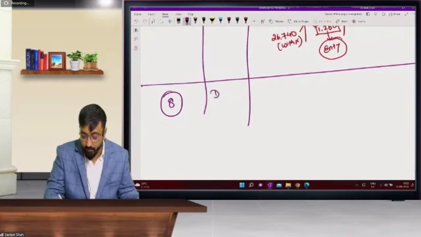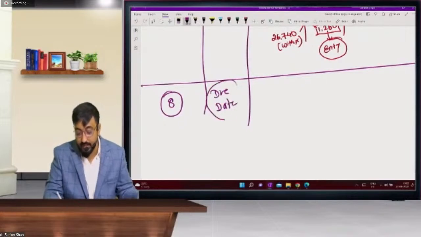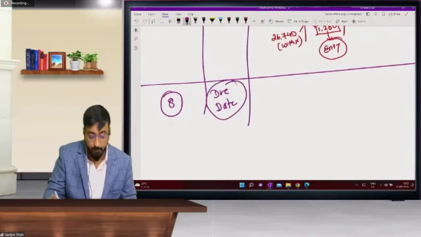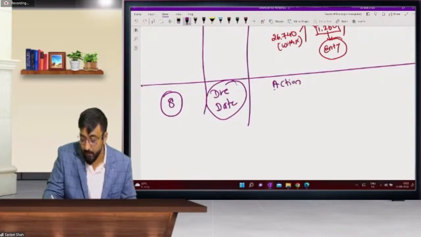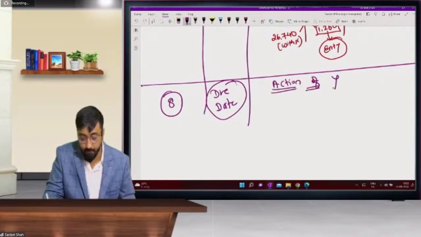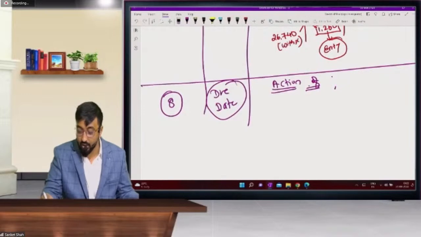Due date. Beta, this question is not at all easy. Due date, action. Action of Y. Action क्या होनी चाहिए थी?